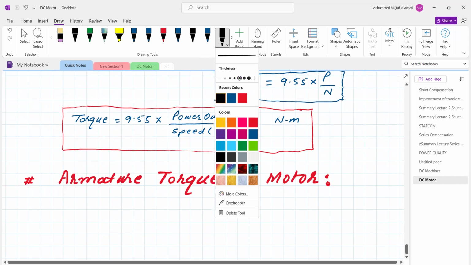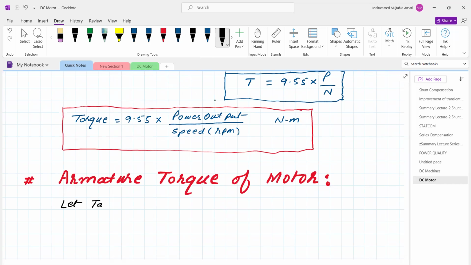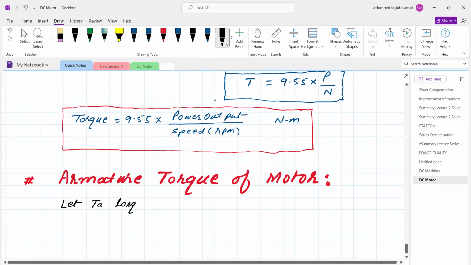Let TA is the armature torque developed by armature. No doubt it is in Newton meter.